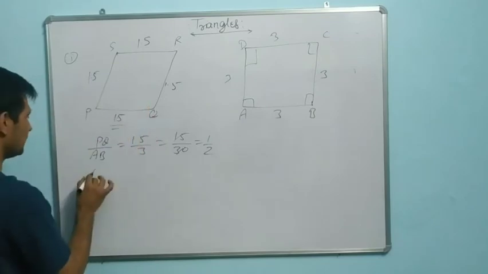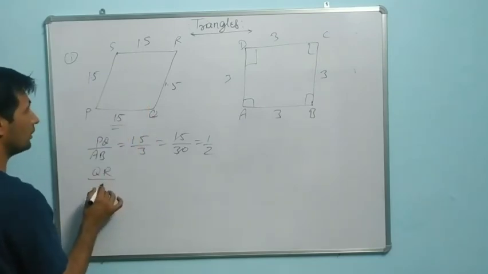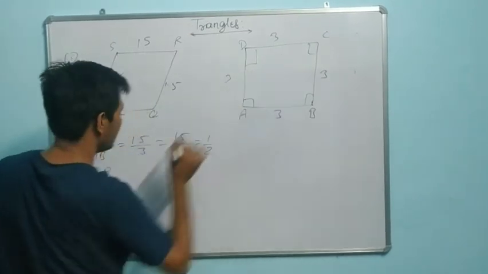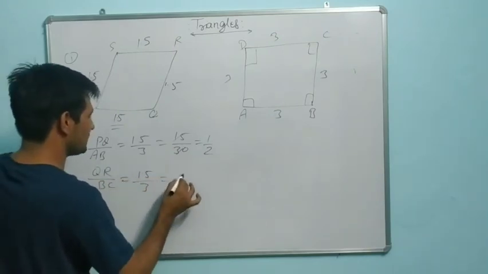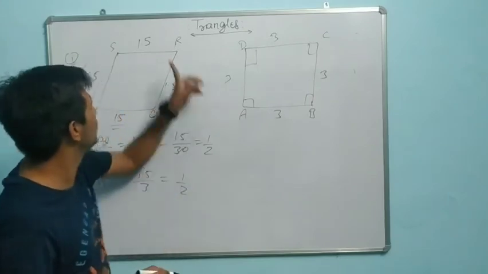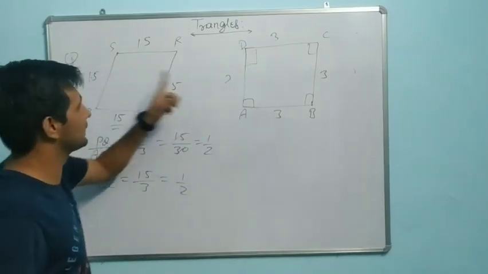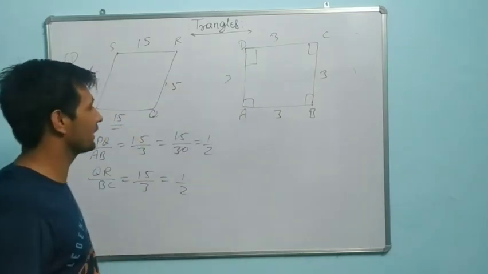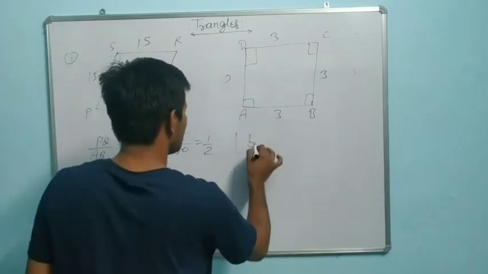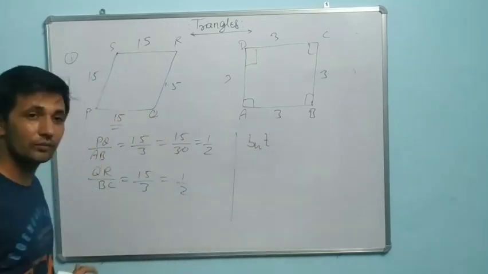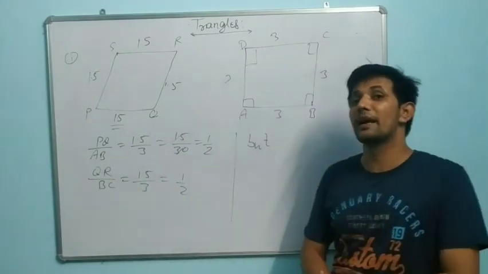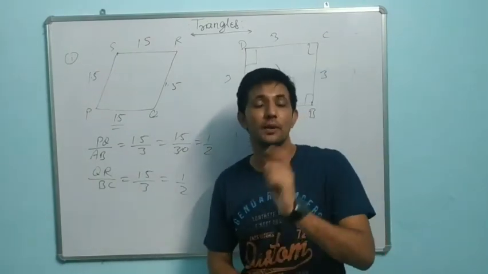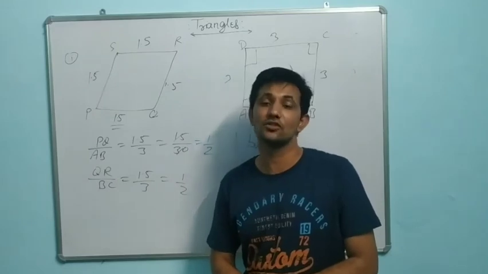Next is QR upon BC. Tell me in what condition you will say that it also comes 1:2. It is also 1:2. It is also 1:2. All are 1:2. But what is the second condition? Two conditions: corresponding angles must be equal and corresponding sides are in the same ratio.